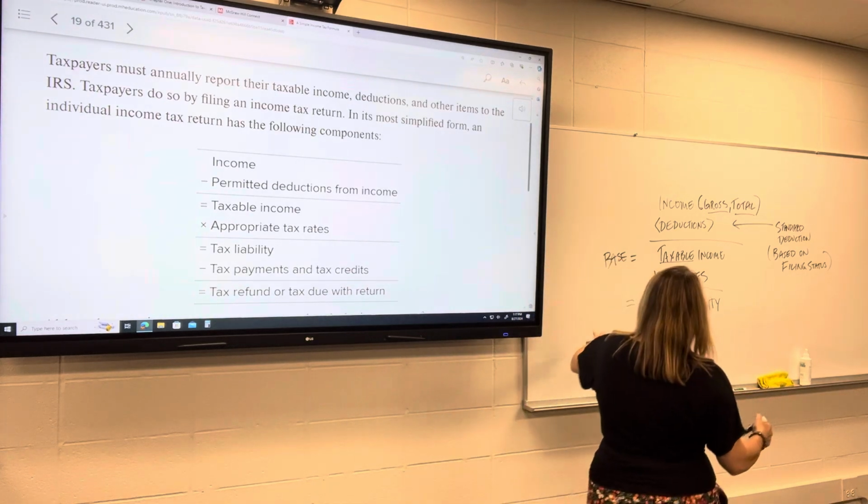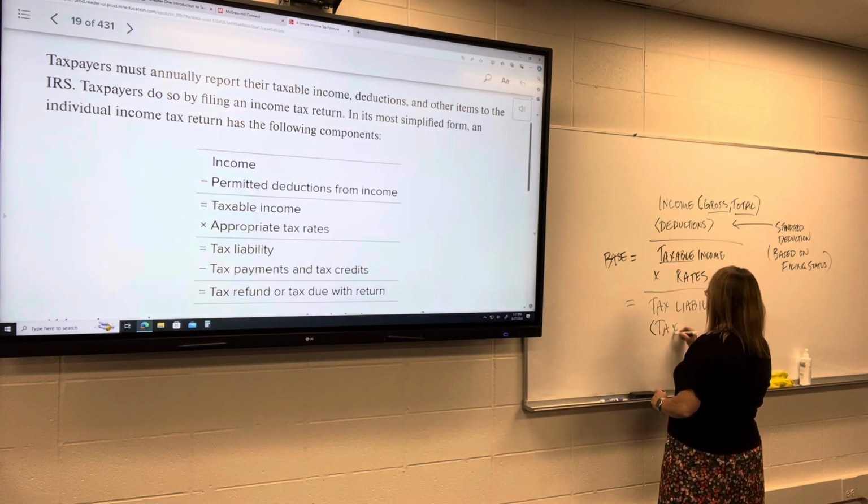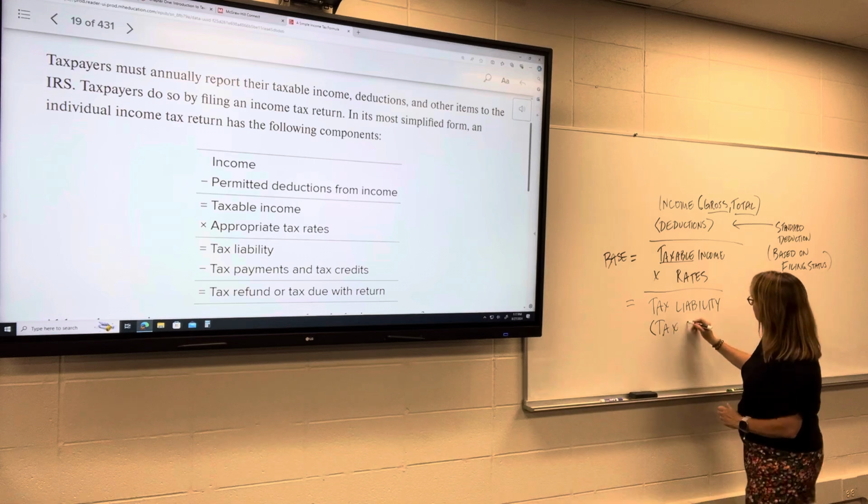That's when we then take our tax payments, I think they call them tax payments. Yeah, payments and credits.